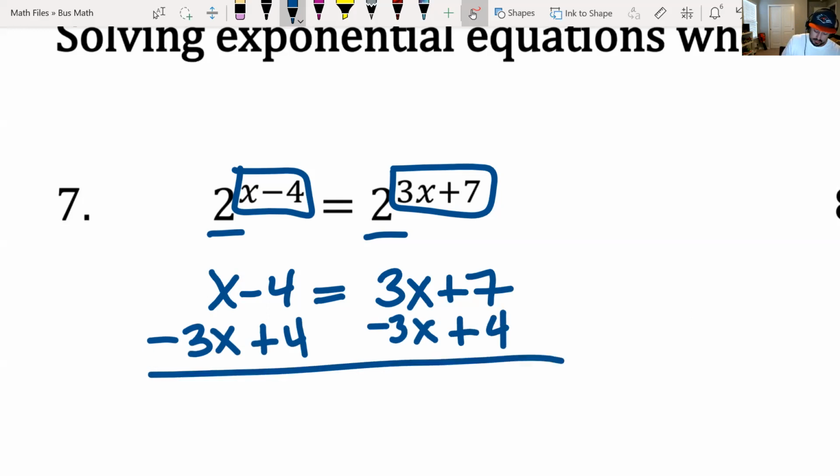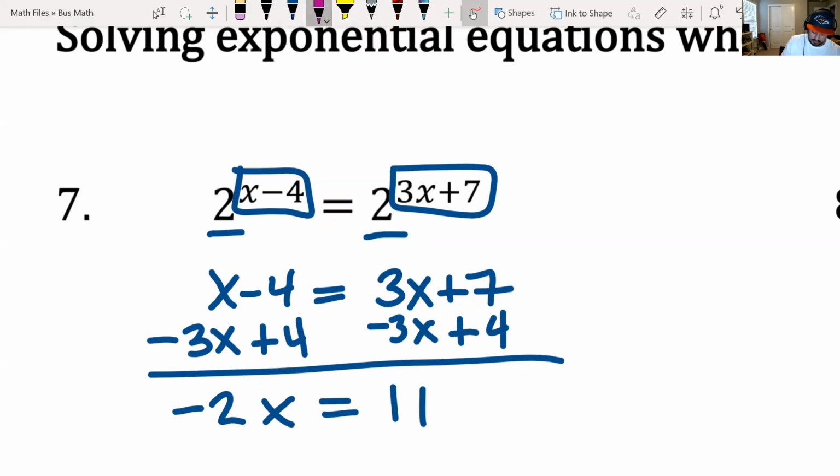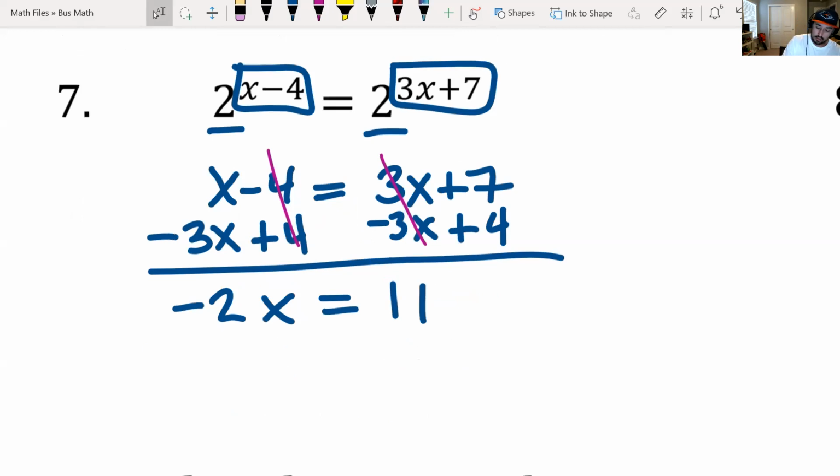I get negative 2x equal to 11. And then all I have to do is divide by negative 2.